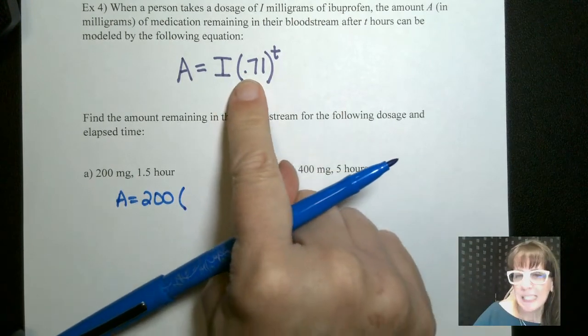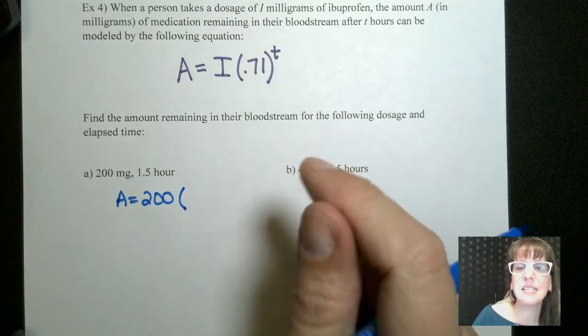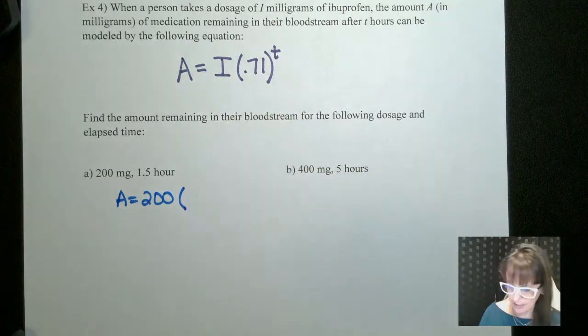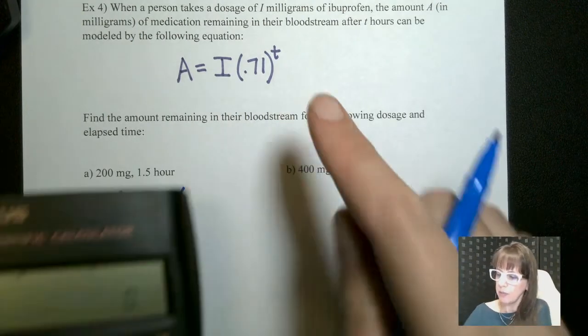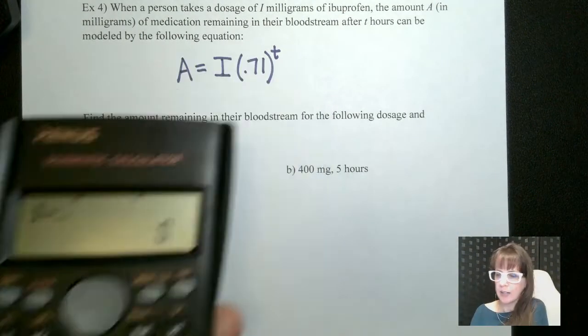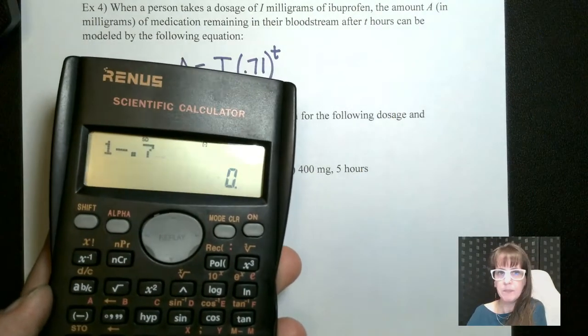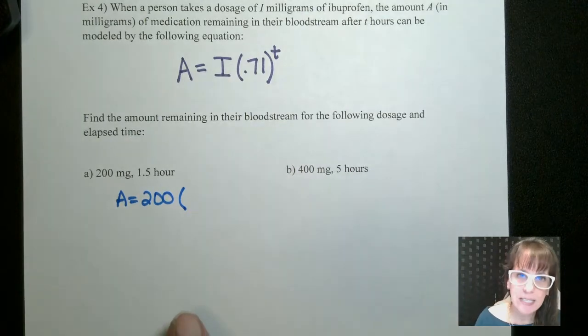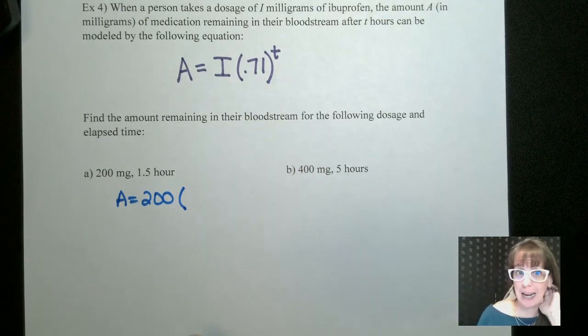Now, 0.71, remember, this is a decay because this is less than 1. We took 1 and we subtracted. So if we do 1 minus 0.71, we get 0.29, which means this is decreasing by 29% every hour.